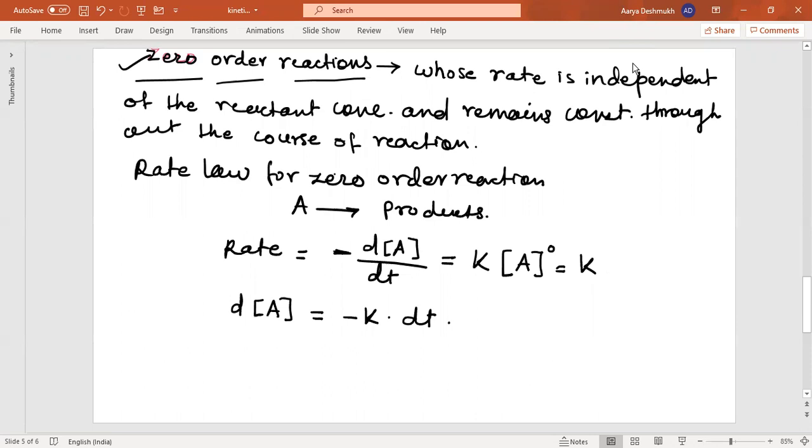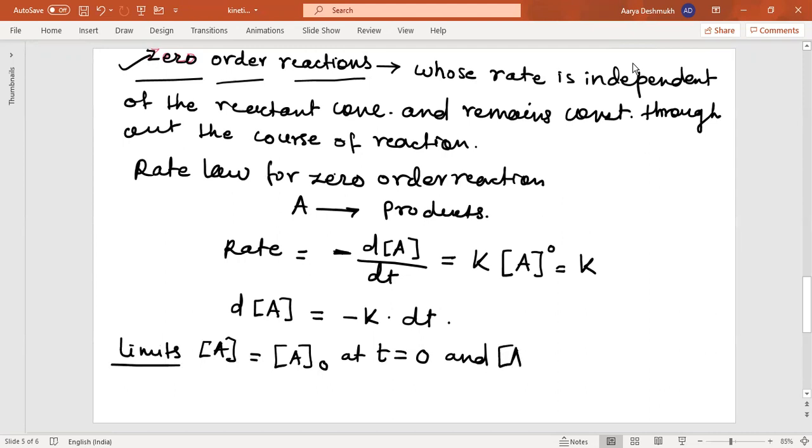So I'm integrating the equation in the limits like this: concentration of A equals A0, the initial concentration at time t equals 0, and concentration of A equals the concentration at a particular time t.